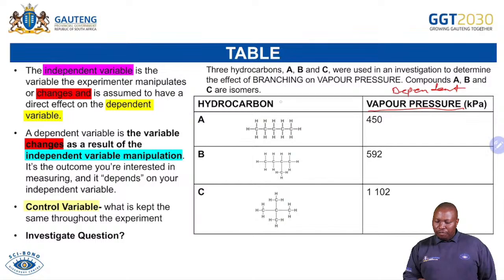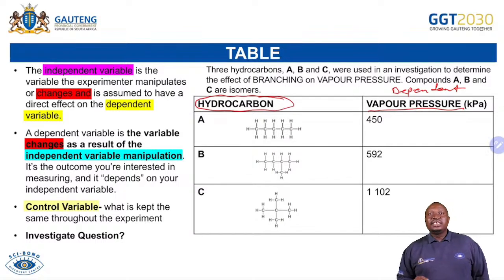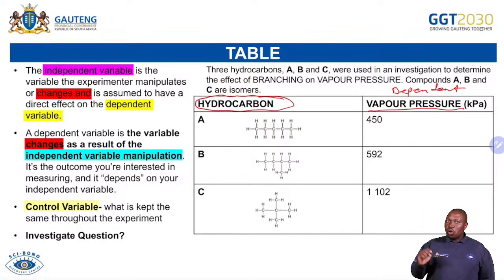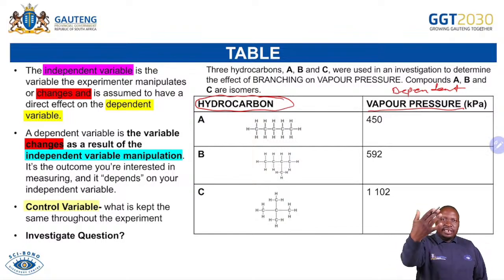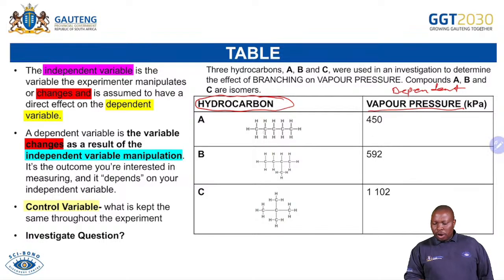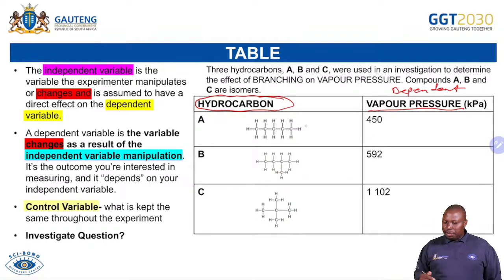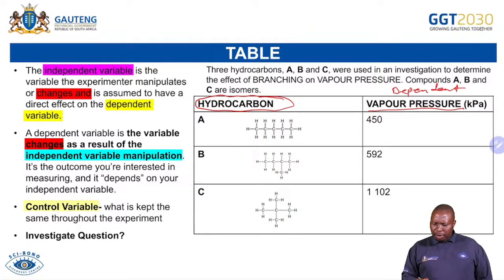Let us not make the mistake of thinking that hydrocarbon is the independent variable. No, go deep into the structure, compare structures A and B, and see what is the difference between them. You'll see 1, 2, 3, 4, 5, that would be pentane, 5 carbons. We have one branch, and now we have 2 branches.